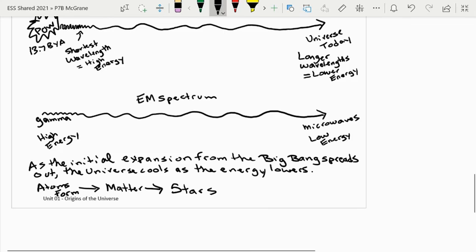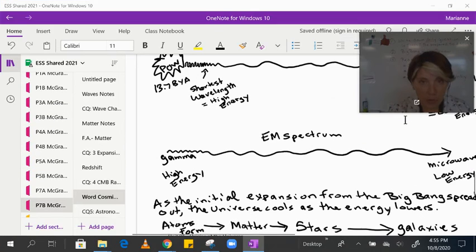We're going to be talking about that in our next unit. And then over time, those stars coalesce through gravity and make our first galaxies. Definitely not the organized galaxies that we have today, like our Milky Way galaxy, but the first galaxies began to be created. All right. Those are our notes.